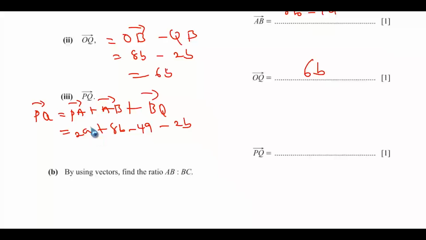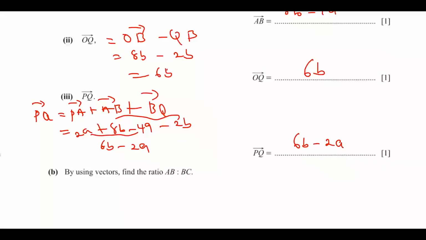If you simplify, this and this will give you 6B, then this and this will give you minus 2A. So the final answer is 6B minus 2A.